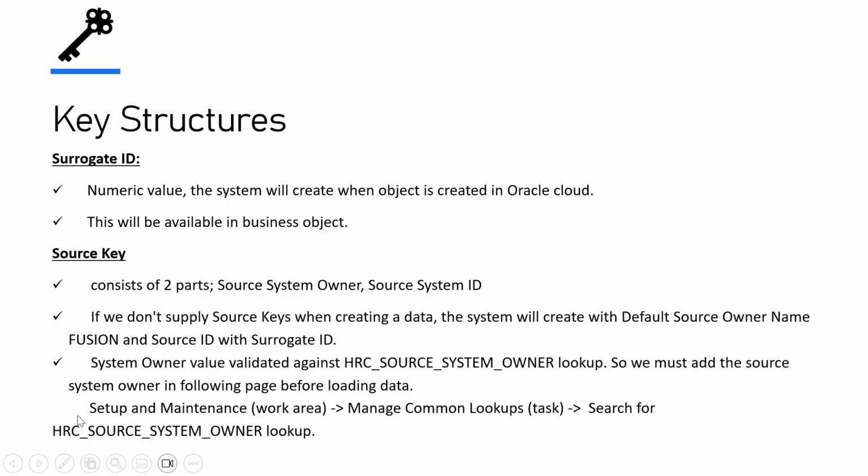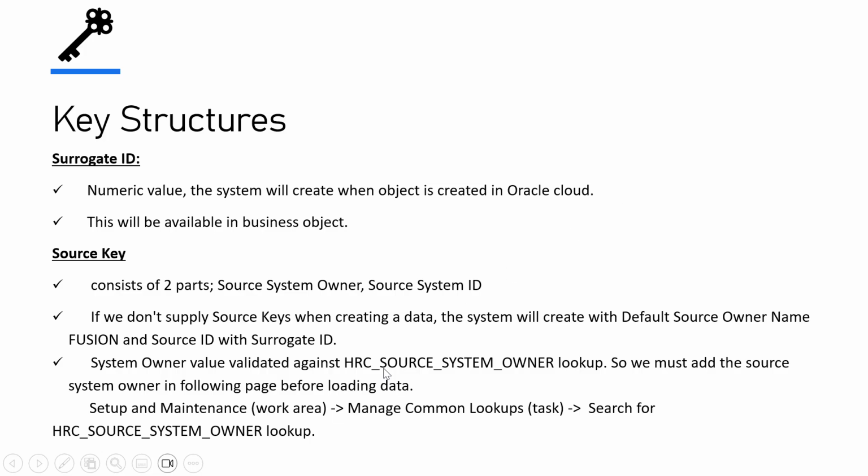The path is Setup and Maintenance, Manage Common Lookups, and search for HRC source system owner. You can find the list of available source system owners. If you want to add something new, you can add it, and once it is added, you can use it in the dat file.